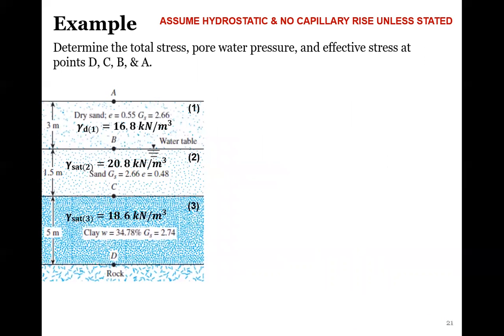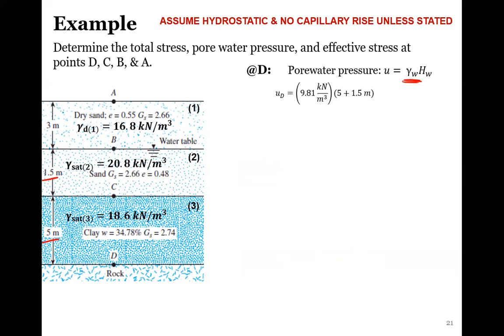For our pore water pressure, since we're hydrostatic, we're just looking at where the groundwater table is. So pore water pressure is the height of the water. Height of the water at whatever point we care about is just this. Make sure you're using the correct unit weight for whatever units we're in. So 9.81 kilonewtons per cubic meter. At point D, we have this 5-meter layer plus our 1.5-meter layer, or you could just do 6.5 meters.